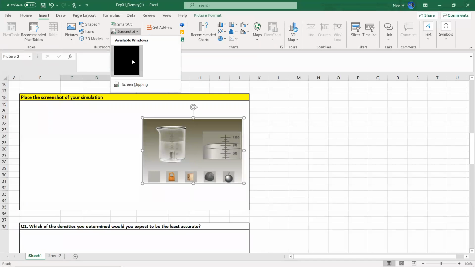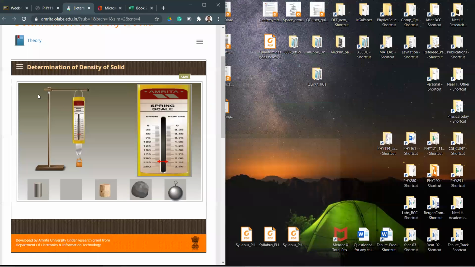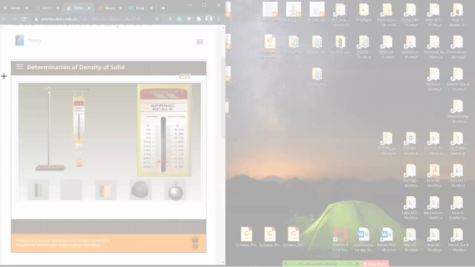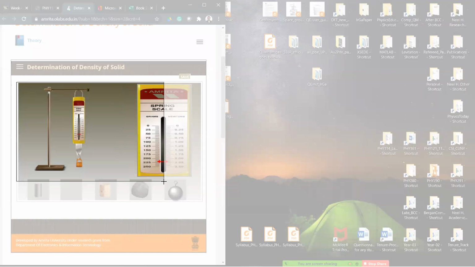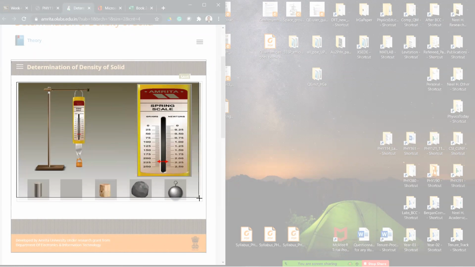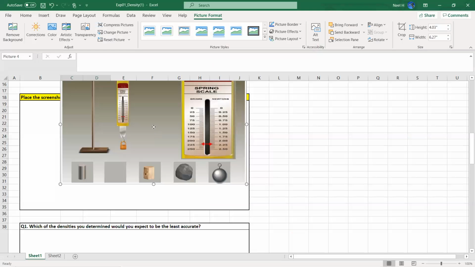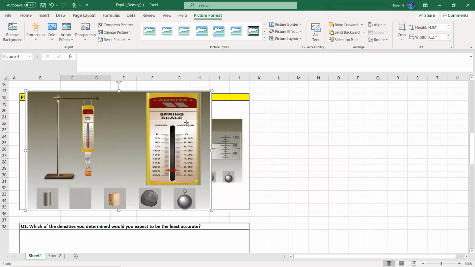Just click on that, then choose Screen Clipping. It will ask you where you need to clip, showing a positive sign. Click wherever you want and drag, keeping the left button held and dragging to the right. Then you can select the area we're interested in, where our simulator is. Then release, and that picture automatically comes to your Excel page.